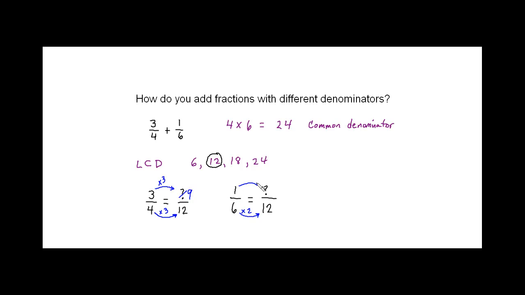So we're going to multiply 1 by 2 as well. And that gives us a numerator of 2. So 1/6 is the same as 2/12. So now we can rewrite the original problem. Instead of 3/4, we're going to write 9/12. And instead of 1/6, we're going to write 2/12.